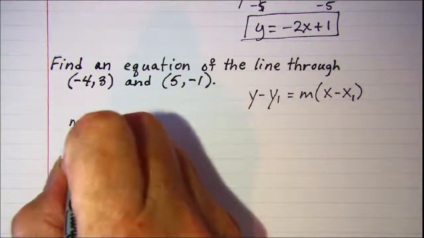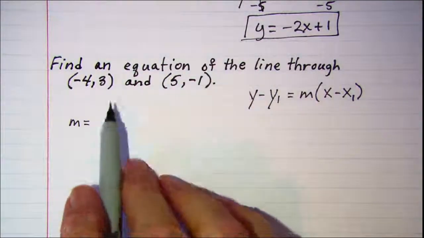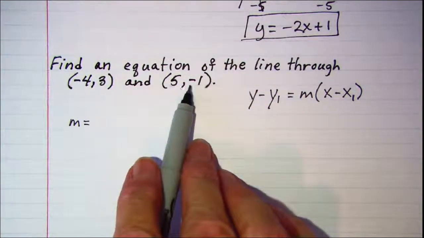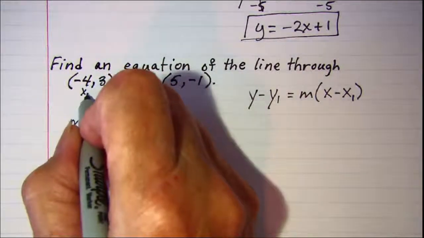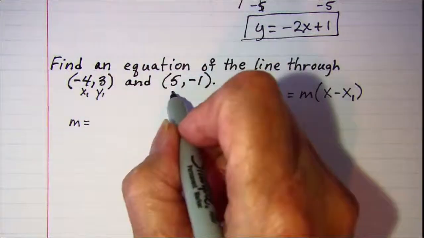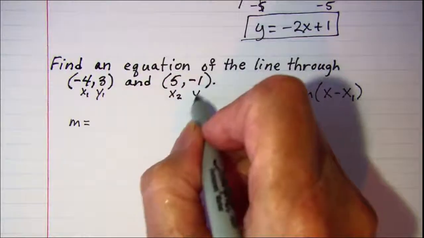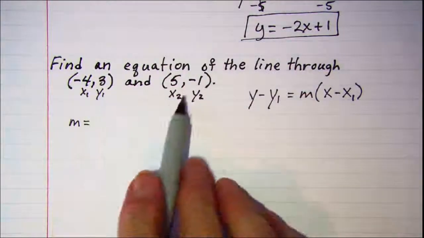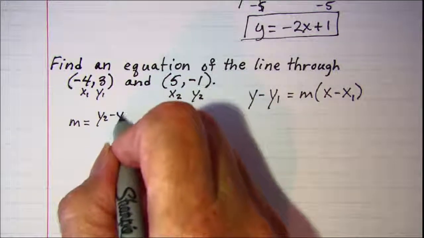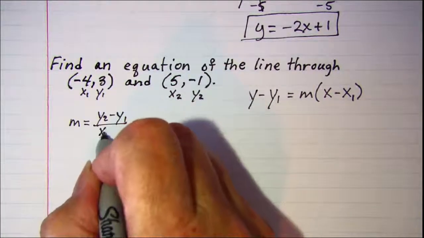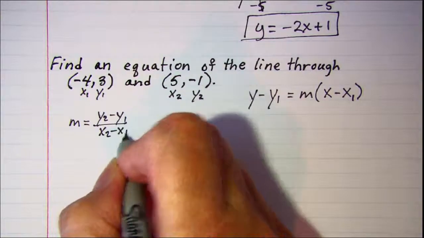Our slope of the line that goes through these 2 points is change in y. So if we call this x1, y1, and x2, y2, our slope is y2 minus y1 over x2 minus x1.